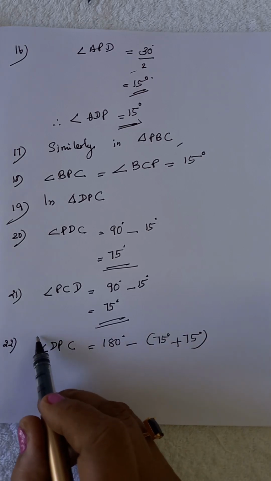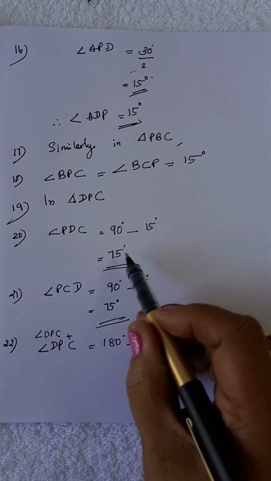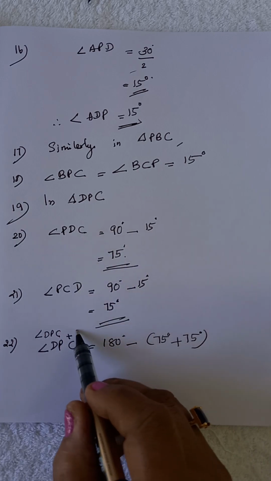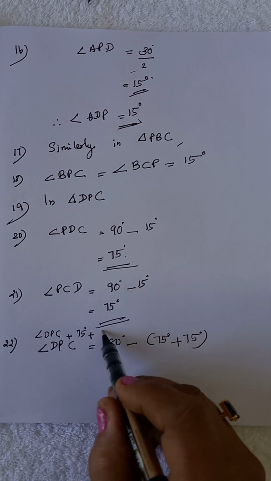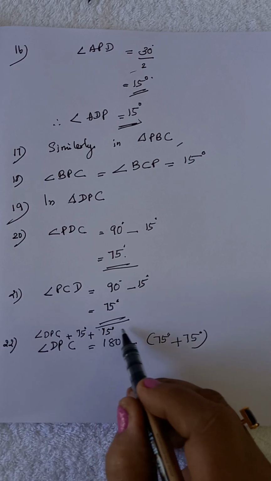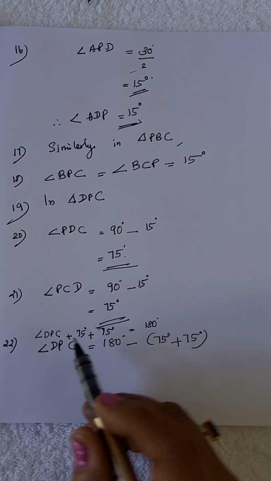If you want you can write one more step, that is angle DPC plus this angle PDC, that is 75 degree, plus angle PCD, that is 75 degree, that is equal to 180 degree.